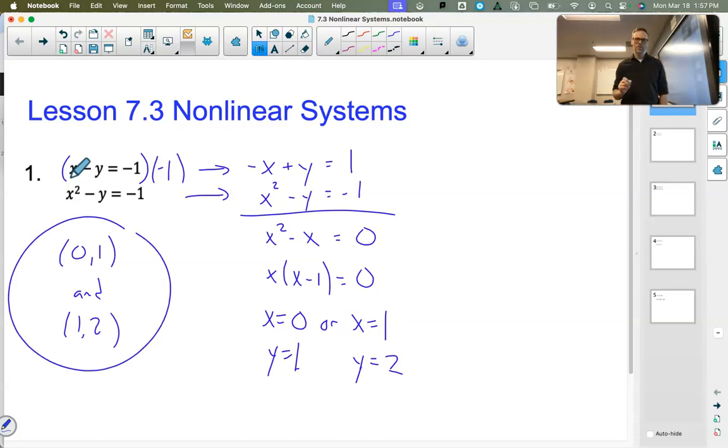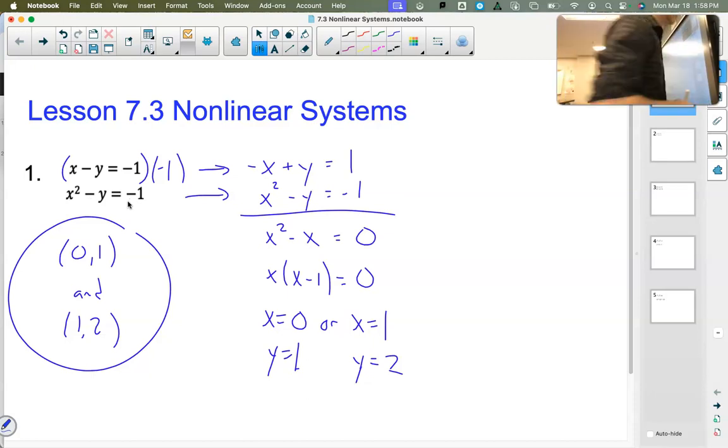So let's go back to what I said at the very beginning. What type of equations do we have here? How is it possible that we have 2 points of intersection for our solution? Well, the top one's a line, but what is that second equation? We see an x squared there, the y isn't squared, we see a constant. Isn't this just the equation of a parabola?